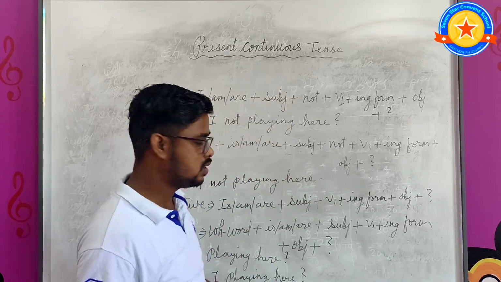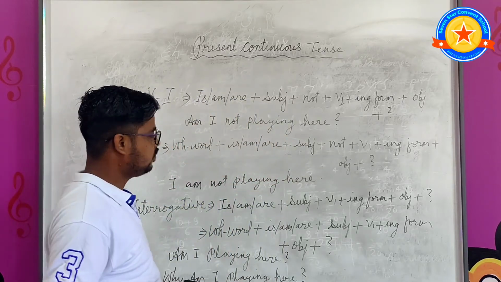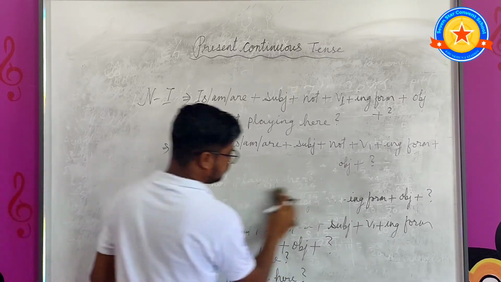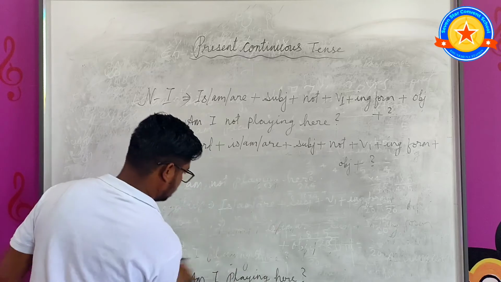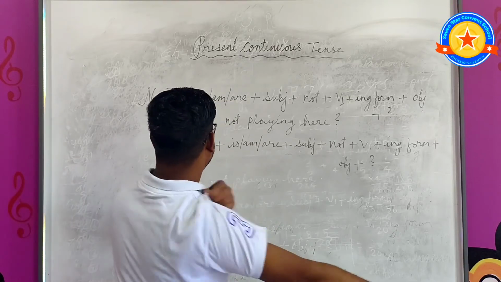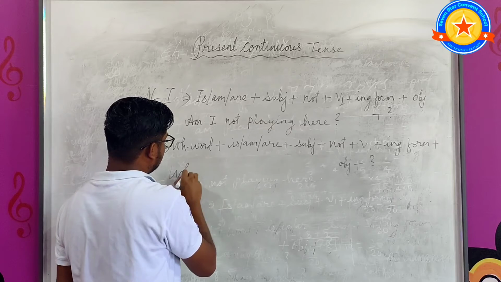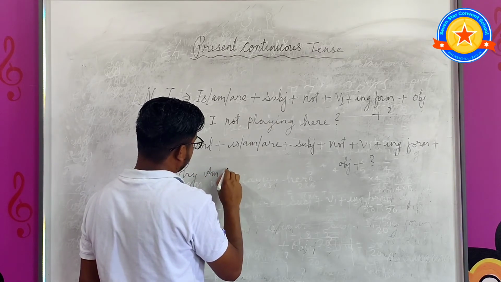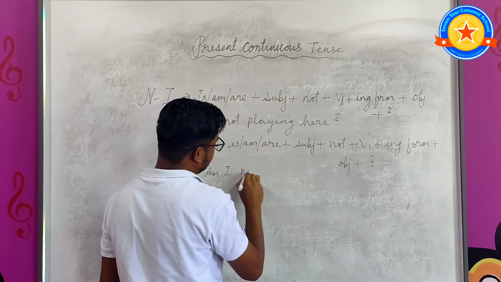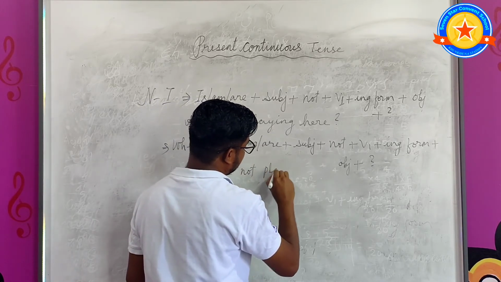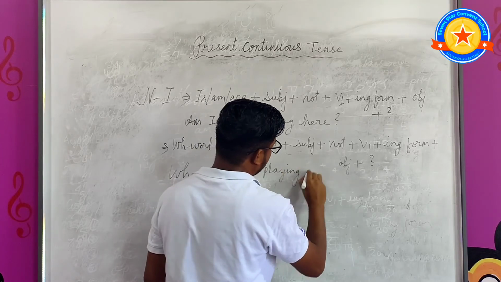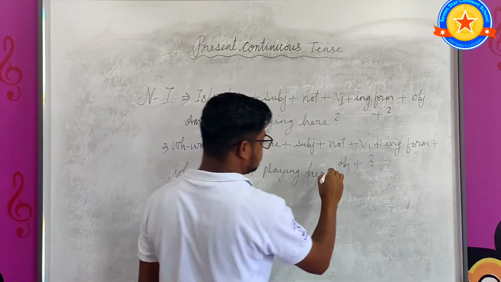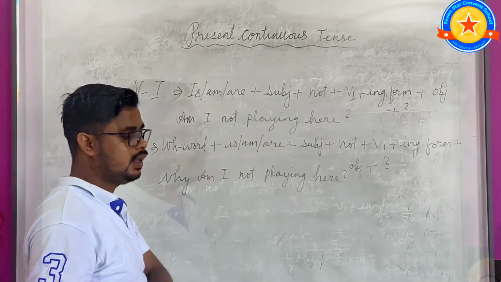So it is the pattern or structure of the WH word type negative interrogative sentence. Let me show you one example. Why am I not playing here? And at the end of the sentence, a question mark. Why am I not playing here?